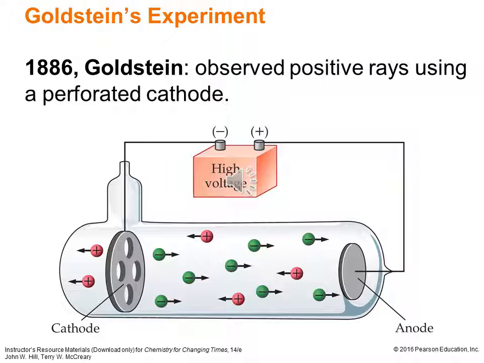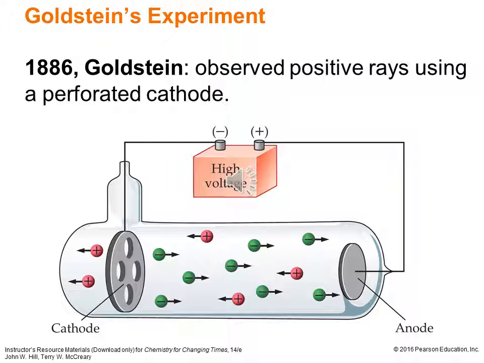They would be going in the opposite direction, traveling more slowly than the electrons, and it was found that the particular particles generated depended on the identity of the gas used in the discharge tube. So the lightest gas, hydrogen, was used to show that the positively charged particles were not nearly as light as the negatively charged electrons.